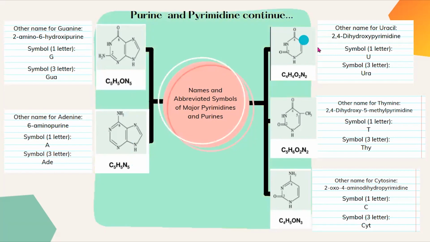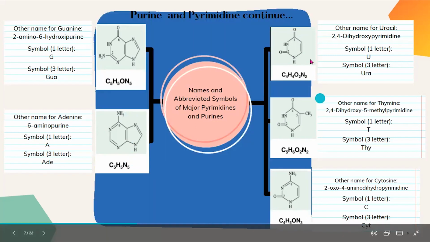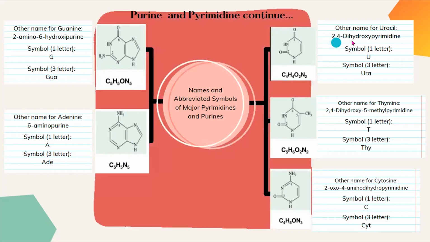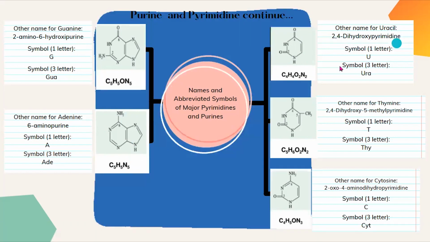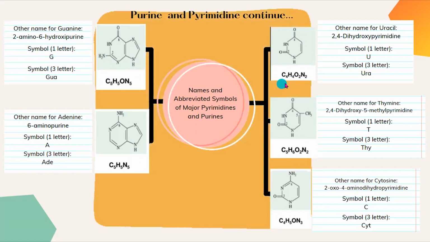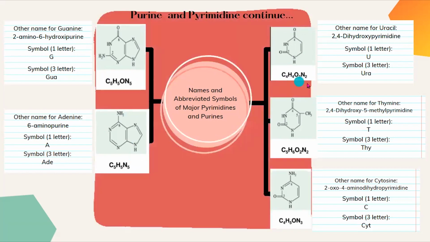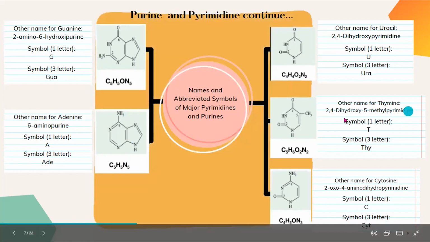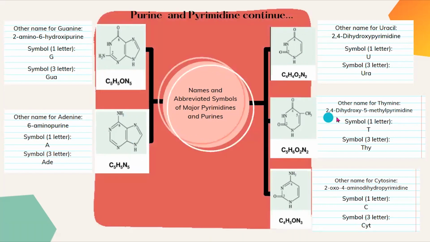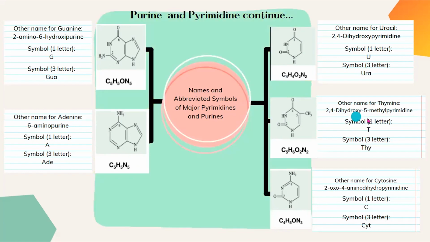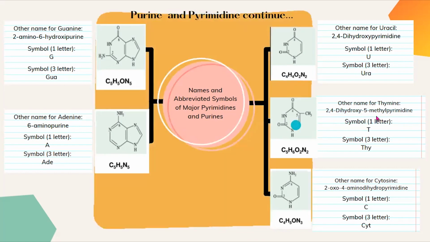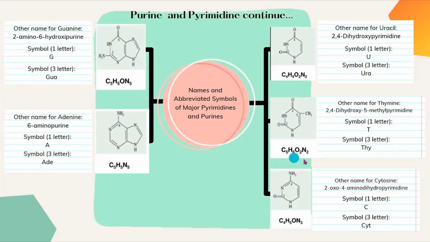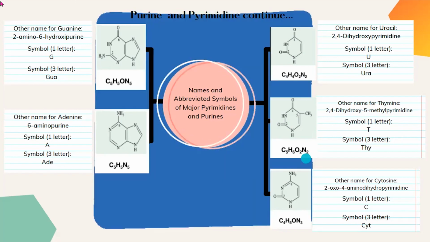Next, moving on to the pyrimidine bases. First is uracil, which is known as 2,4-dihydroxypyrimidine with the molecular formula C4H4N2O2. The second pyrimidine base is thymine, known as 2,4-dihydroxy-5-methylpyrimidine with the molecular formula C5H6N2O2.